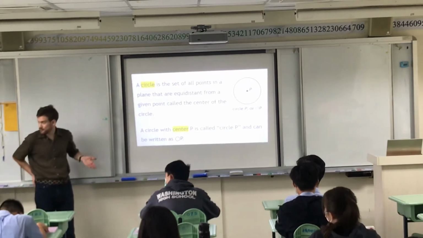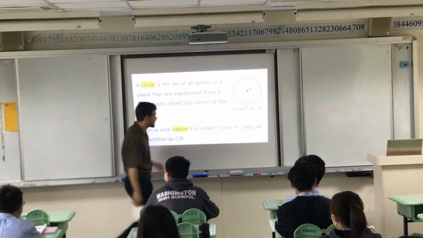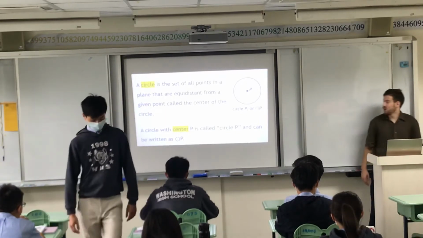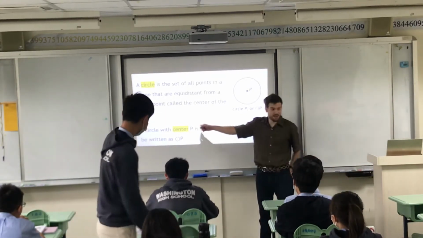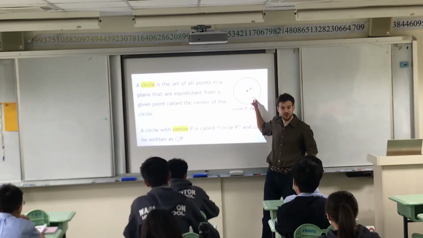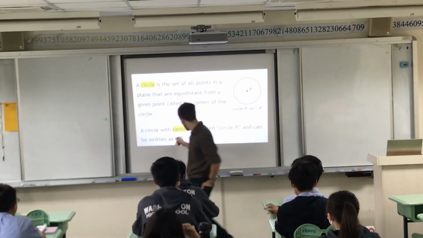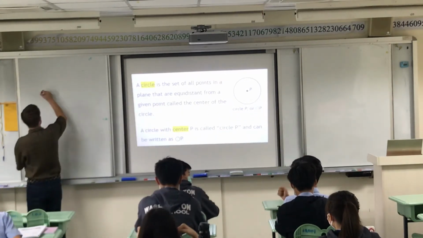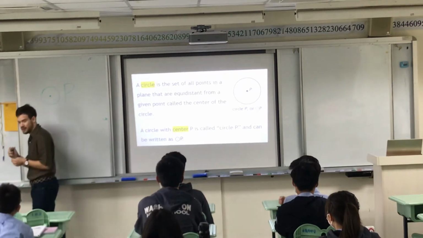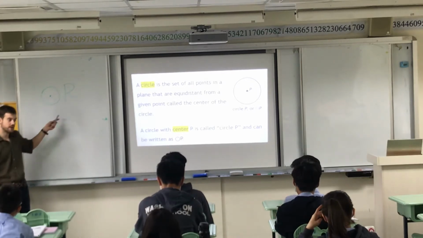So, again, here's a circle. The center, we name circles based on their center. So a circle with center P is called circle P. So we name this circle circle P. We give it this little notation here: a circle with a dot in the middle and then the center letter.